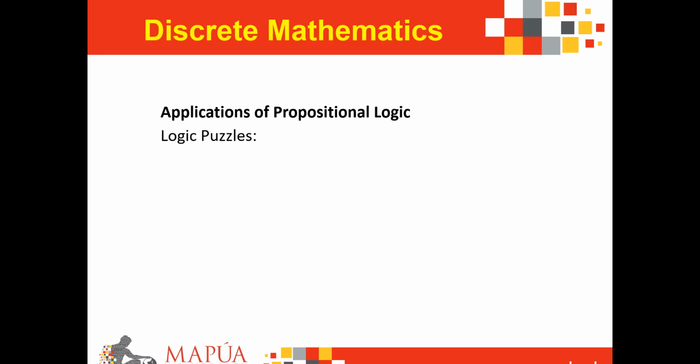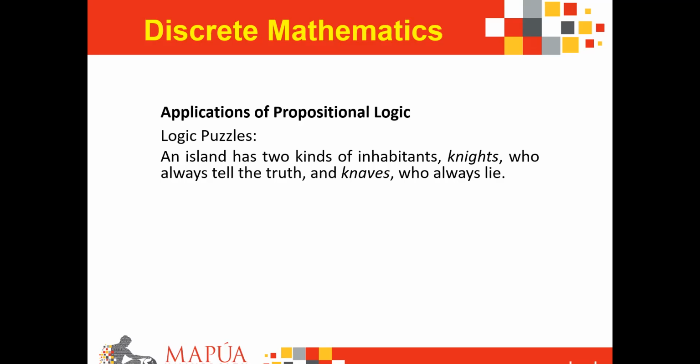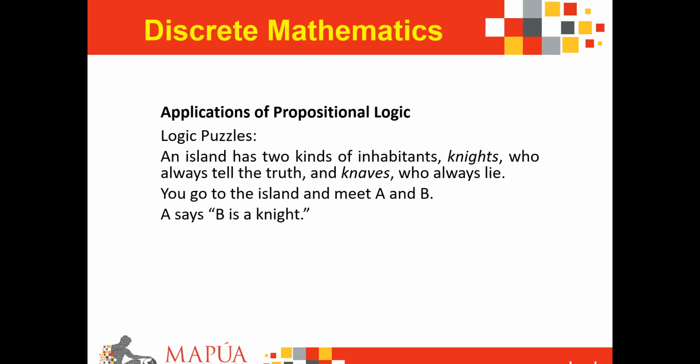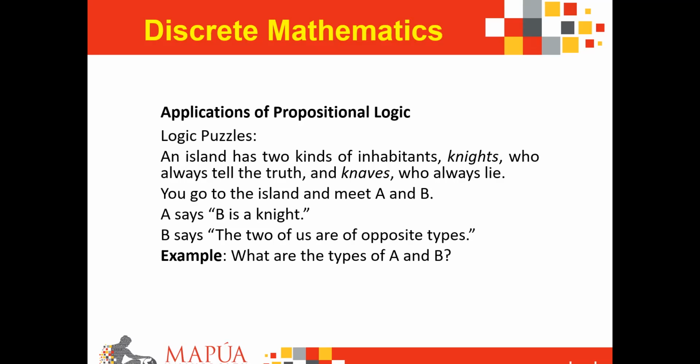Another application of your propositional logic is on logic puzzles. Given here is one such example. An island has two kinds of inhabitants, knights, who always tell the truth, and knaves, who always lie. You go to the island and meet A and B. A says B is a knight, while B says the two of us are of opposite types.